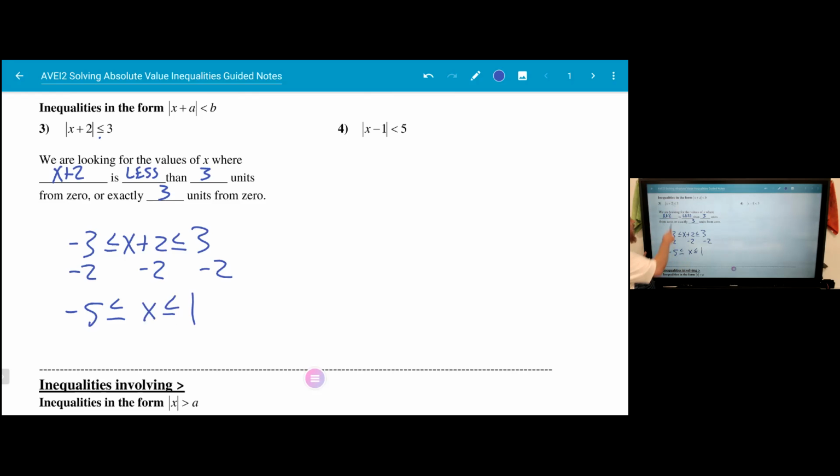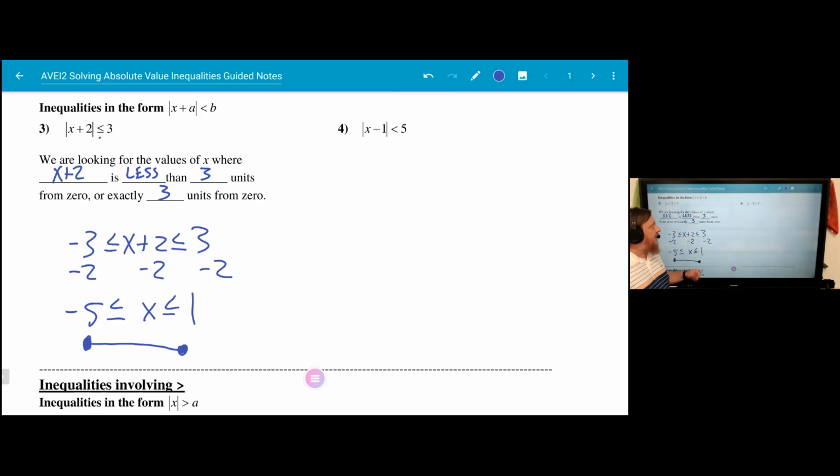Let's check our 1. 1 plus 2 is 3. Same thing, absolute value 3, that's equal to 3. We've got our 2 values. If I was to graph this, I would have closed points at -5 and go to 1. Closed points because it's less than or equal to.